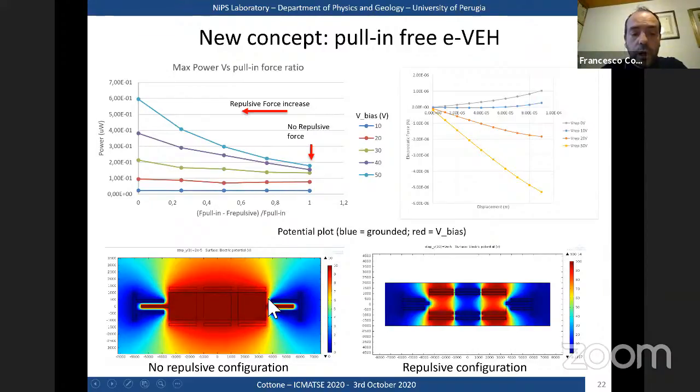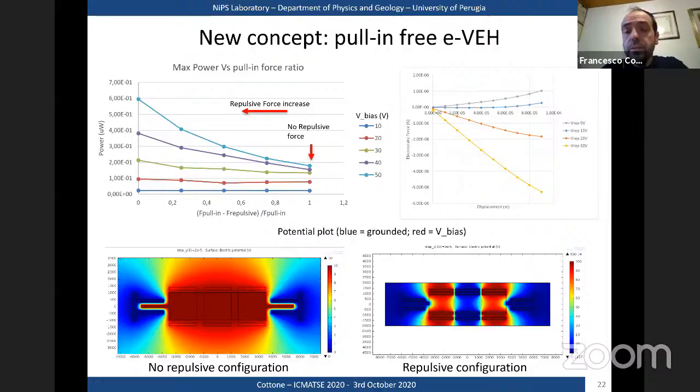So a configuration like this one, as you can see here, in which we have some electrodes separated by a gap, and close to the seismic mass, this provides some repulsive electrostatic force to the system that can equilibrate. And by changing the voltage bias, we can change the electrostatic force from negative to positive, as you can see here in the second plot on your right.